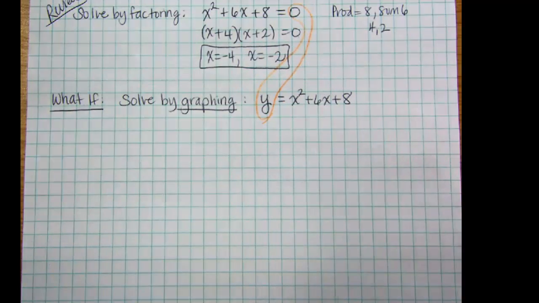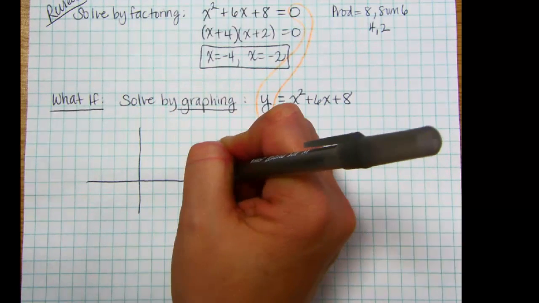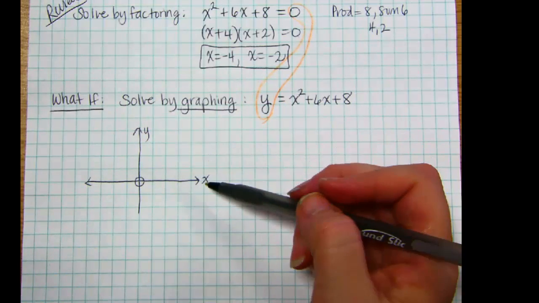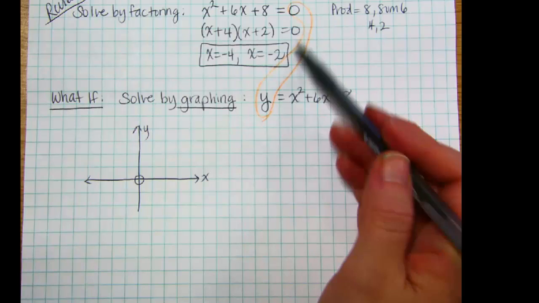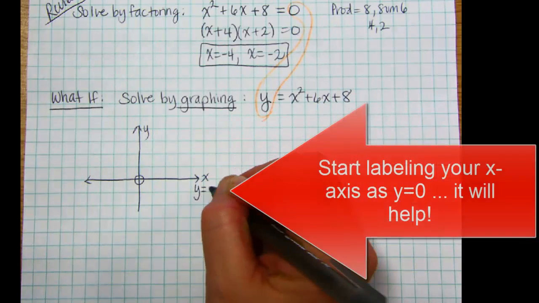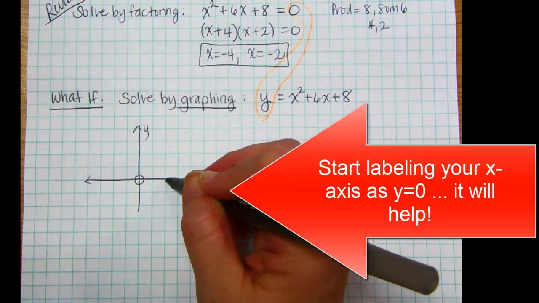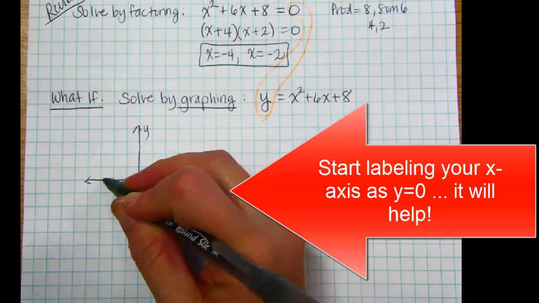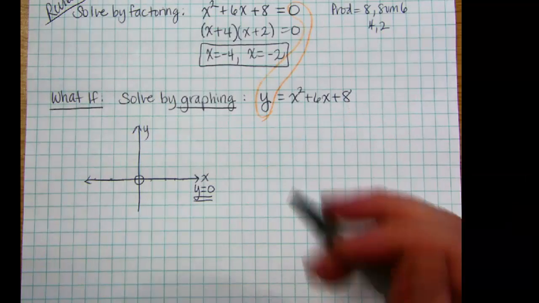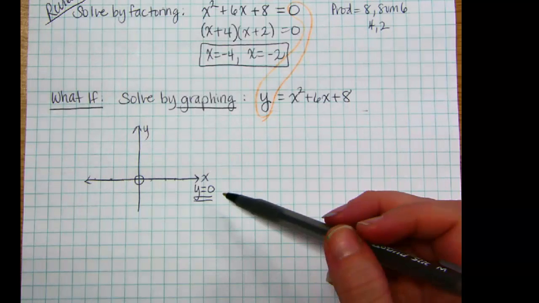So think about a graph. When we graph, y equals 0, replacing y with 0 or 0 with y, is the x-axis. You could label the x-axis as y equals 0 instead of x. All along your x-axis, your y values are 0. So technically what you do to solve by graphing is look for the places that that graph crosses the x-axis.